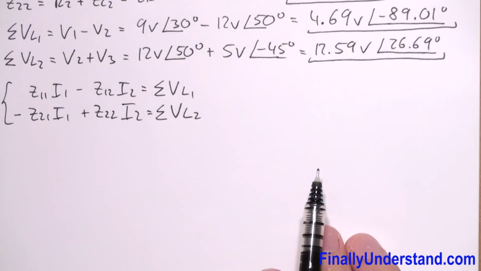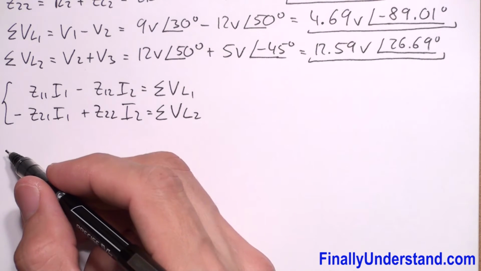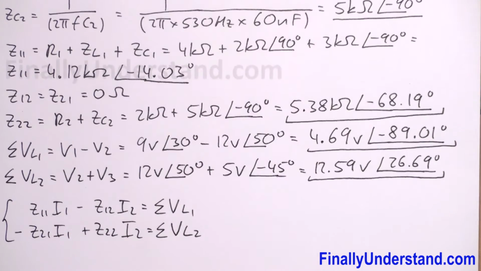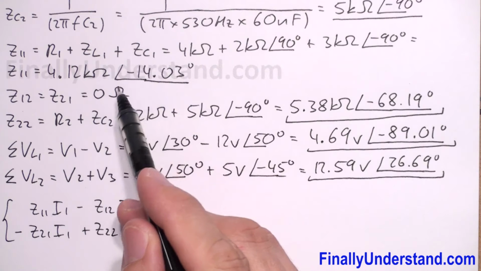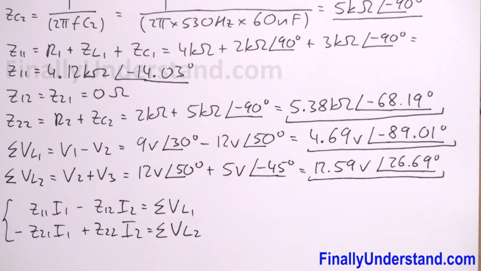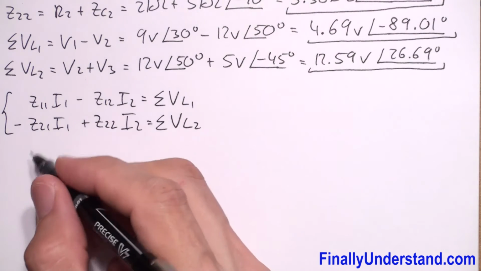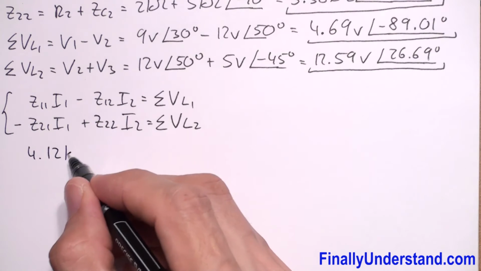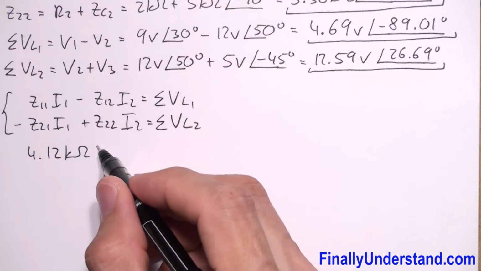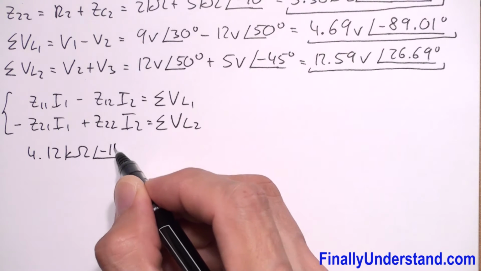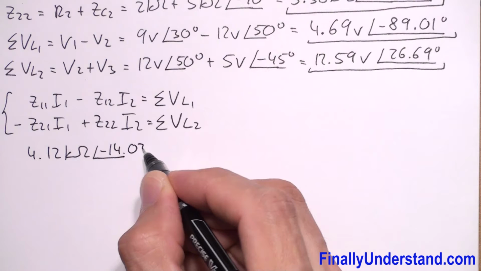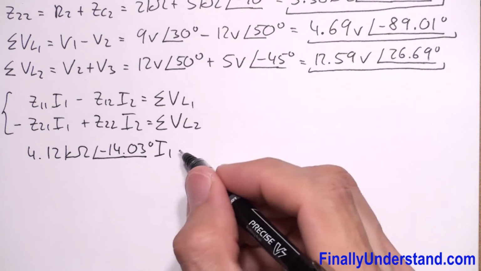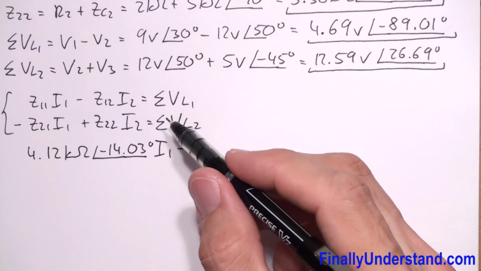So I have Z11 we found is equal to 4.12 kiloohms and angle of negative 14.03 degrees. So I have 4.12 kiloohms and angle of negative 14.03 degrees I1 minus Z12.